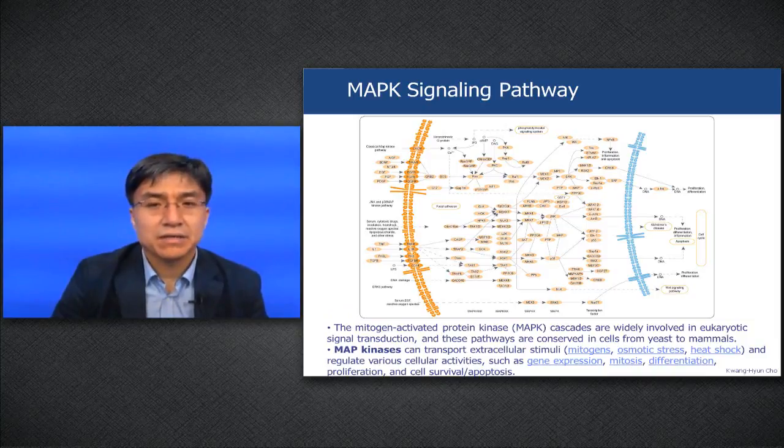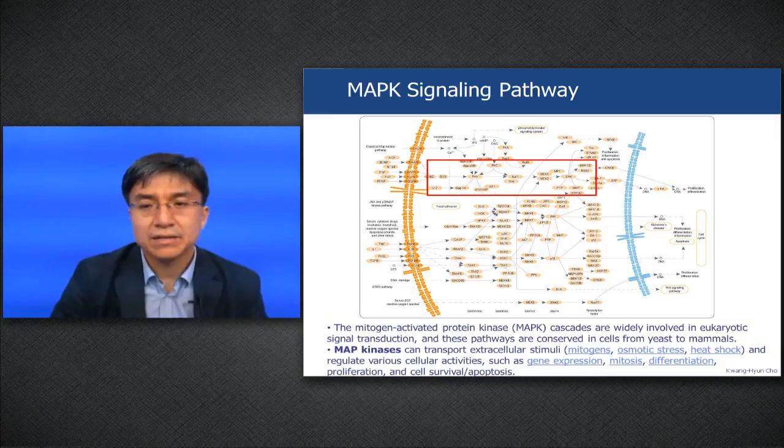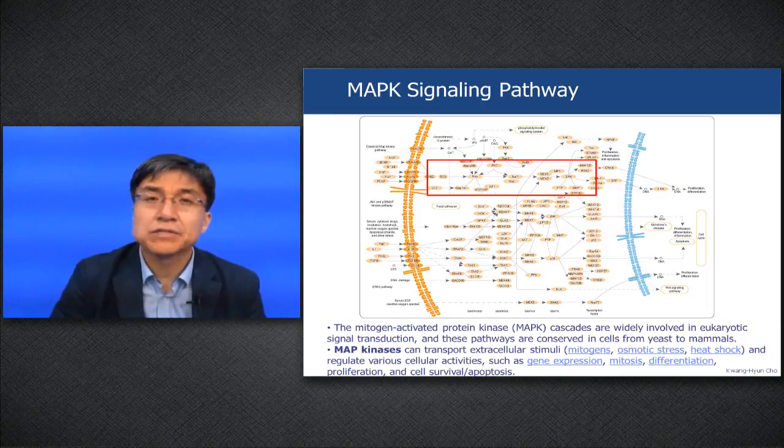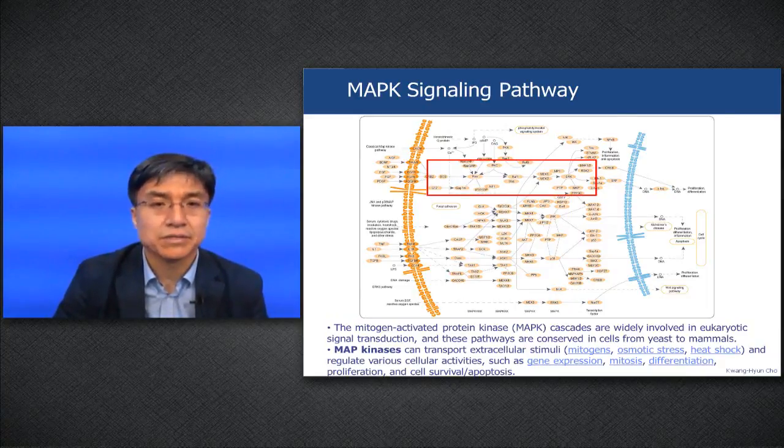This signal transduction pathway is very widely involved in eukaryotic signal transduction, and these pathways are conserved in cells from the single-cell organism yeast to higher organisms such as mammals. MAP kinase cascades can transport extracellular stimulation such as mitogens, osmotic stress, or heat shock, and they regulate various cellular activities such as gene expression, mitosis, and differentiation, and can be very crucial in determining cell survival or apoptosis.